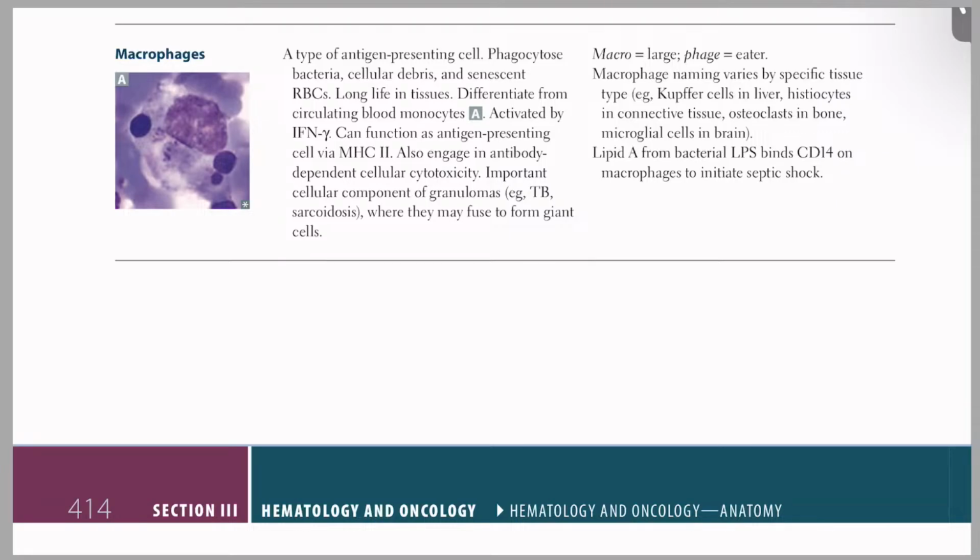Important cellular component of granulomas, that is TB, sarcoidosis, where they may fuse to form giant cells. Macro equals large, phage equals eater. Macrophage naming varies by specific tissue type, that is Kupffer cells in liver, histiocytes in connective tissue, osteoclasts in bone, microglial cells in brain.